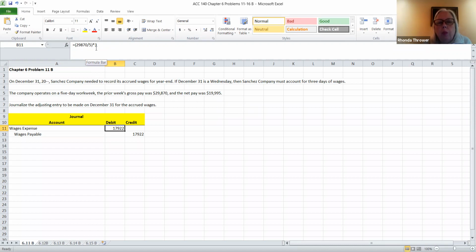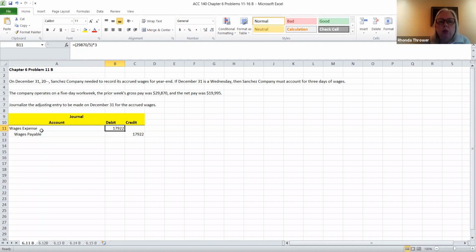And then we're going to multiply that by 3 days that were left in December, because we're accruing the wages for 3 days. So take the $29,870, divide it by 5, and then multiply it by 3 days, and that will give you the amount of the accrued wages.